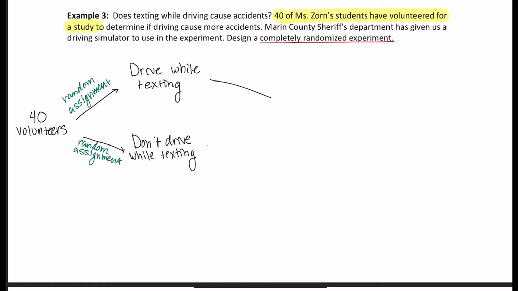After the treatments are done, we should take them back together. And there should be some sort of comparing. And in this case, since we're seeing if texting while driving causes more accidents, it would make sense here to compare the average number of accidents for both groups.